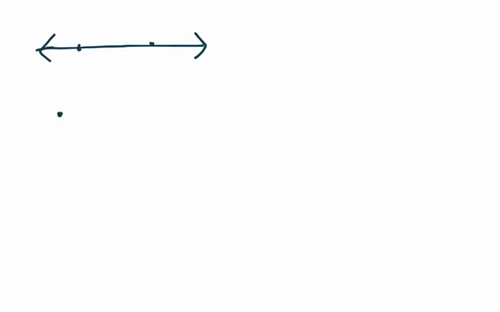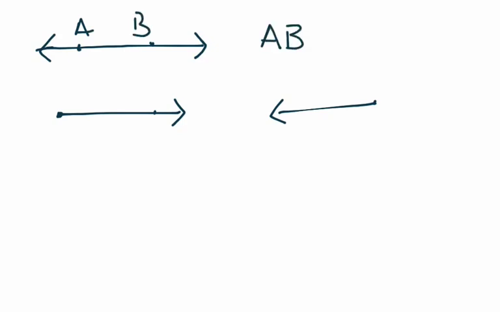A ray has a beginning point, and then it goes in one direction, so it could also go this way, right? We could have AB, and it would be line AB with the little symbols like that. This could be CD, or like this as well, CD, and that is a ray.